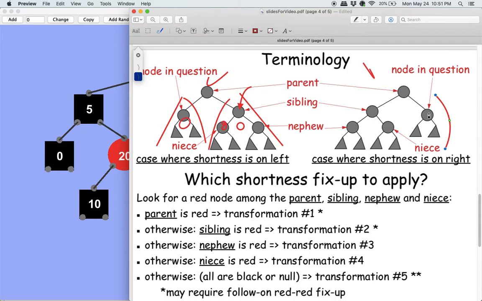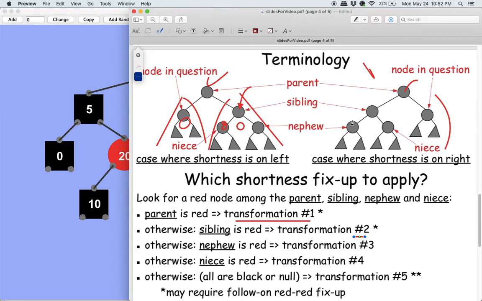And the algorithm is going to be, I start looking for a red node from the top, and I go down and look at all of these. So if my parent is red, I will do transformation number 1. And we'll talk about what the transformations are in a bit. Otherwise, if the sibling is red, I do transformation number 2.